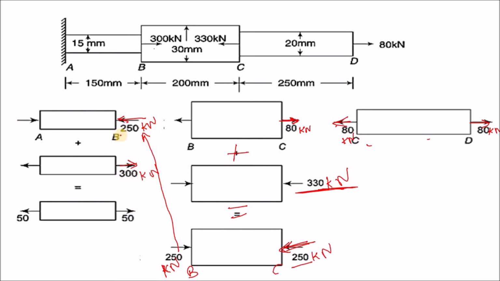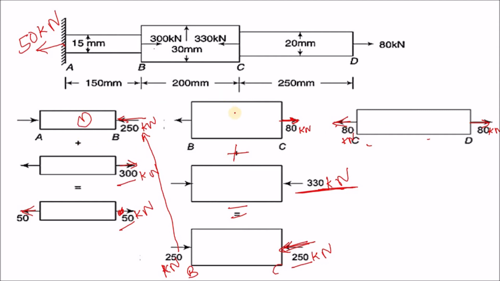So 300 minus 250 is 50, and the direction will be the higher load direction, this side. So to make equilibrium of this load, we should apply 50 on this side. So the reaction force here we got is 50 kilonewton. In this way we can solve the problem.